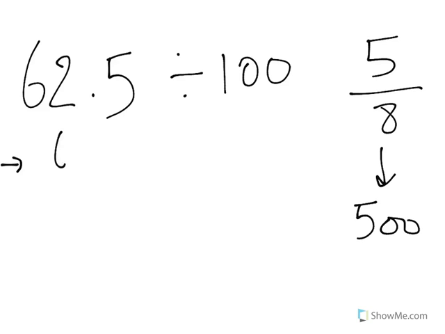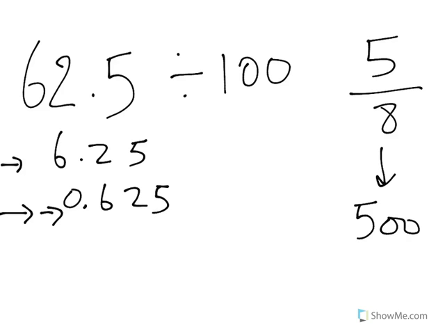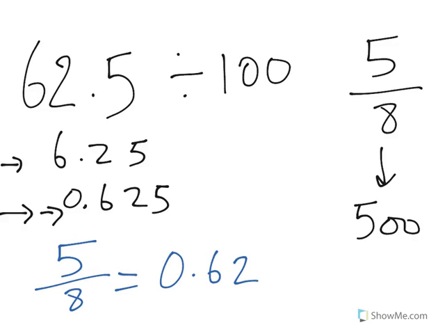Move once, and I'll have 6.25. Move it again, and I'll have 0.625. This means that my 5/8 is worth 0.625. Try putting it into a calculator, 5 divided by 8, and see what the answer is.